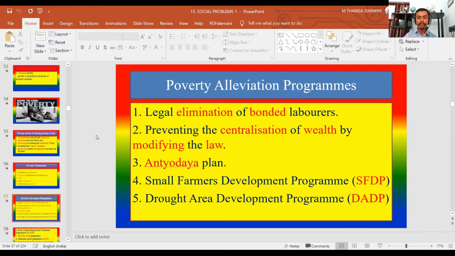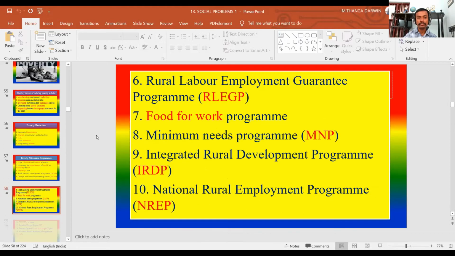Next, SFDP, small farmers development program, mainly for farmers. Then DADP, drought area development program.